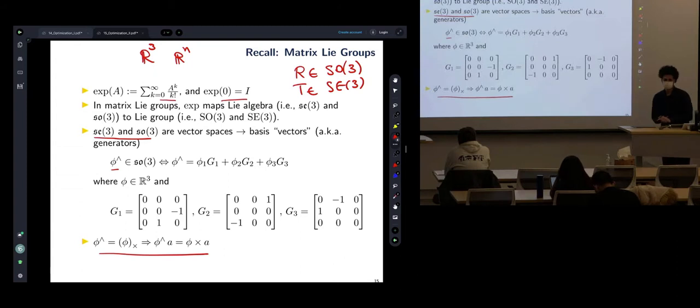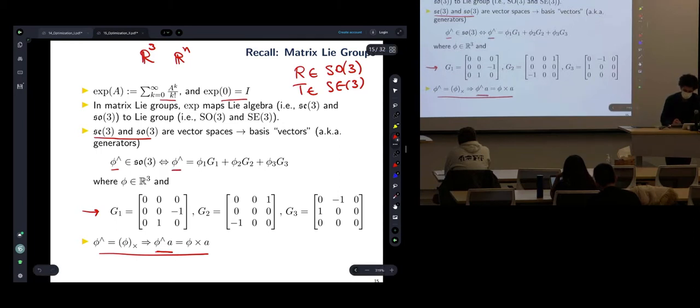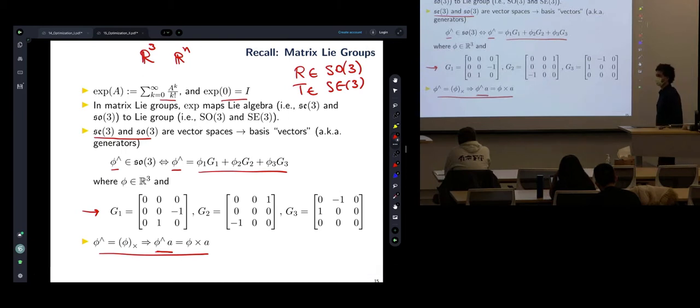For SO3, you could use cross. This cross notation is also very popular. And the matrix version of skew-symmetric matrix times a vector is equivalent of the cross product. We could define the generators. These are the basis matrices for the Lie algebra. And then we could construct our vector in the Lie algebra using some of these generators multiplied by the coordinates, phi1, phi2, and phi3.